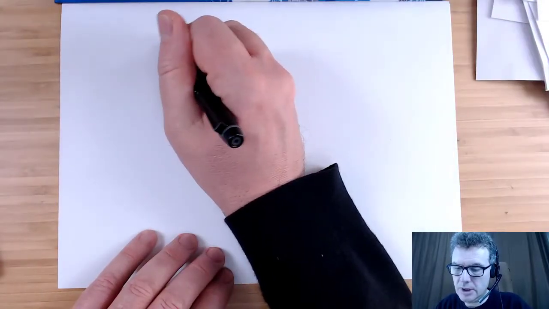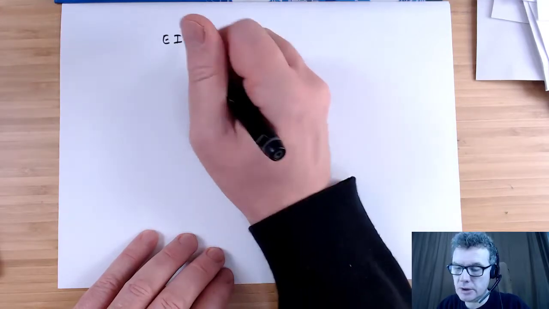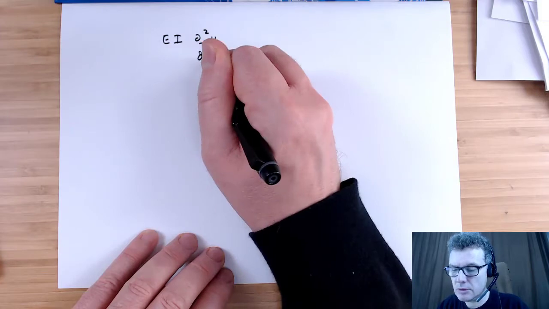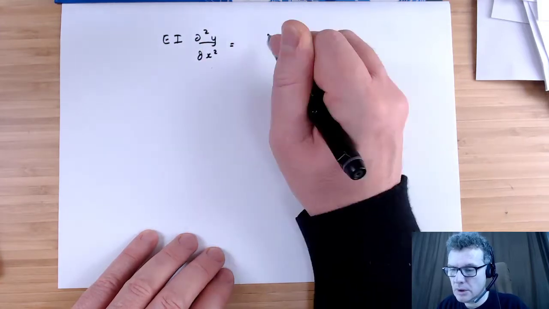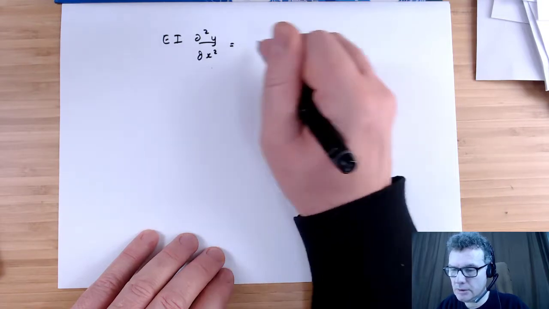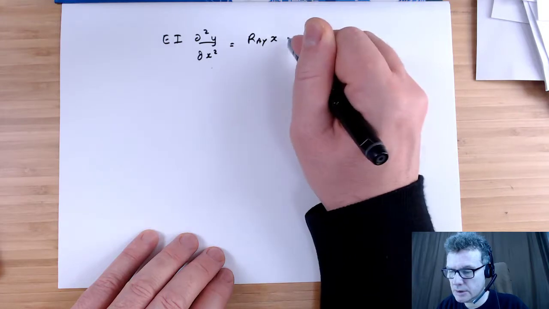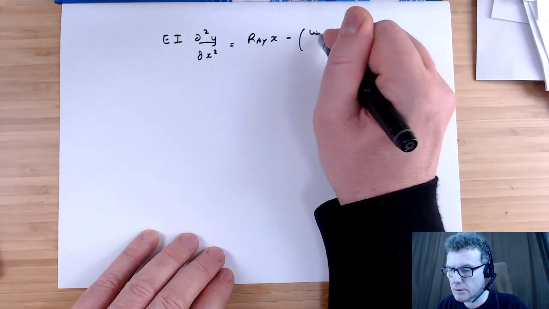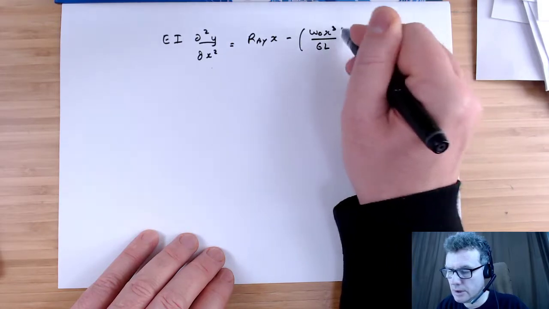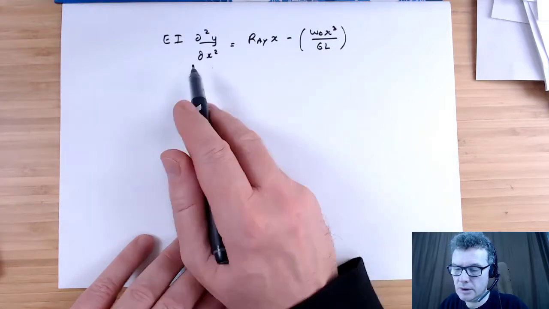So EI, I've taken that over to the left hand side, second order differential, and we're going to put the M here, so RAY times x, take away W0 x to the power 3 over 6L, so that's my right hand side that needs integrating.